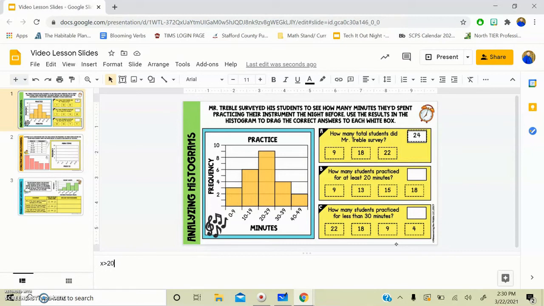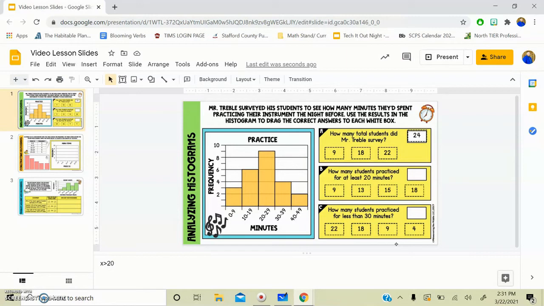So I don't want my 0 to 9 bar, because that's less than 20. And I don't want my 10 to 19 bar, because that's less than 20. But I want the other 3, because that's 20 minutes or more. So actually you would have greater than or equal to 20.